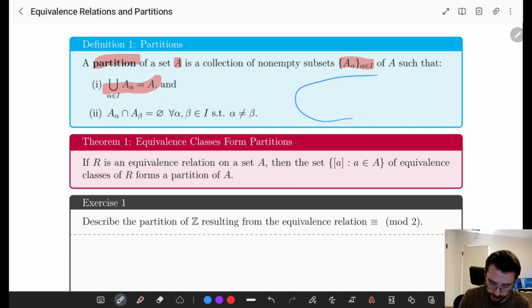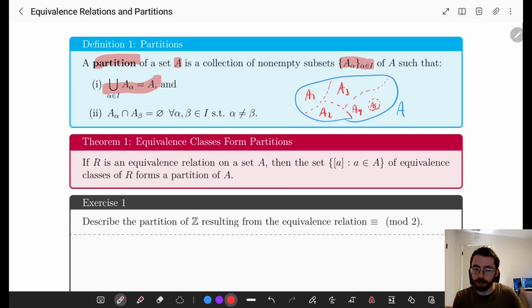Right, so you're imagining here's A, and maybe I've chunked it up into A1, A2, A3, A4, A5. Right? Then the union of all of those gives me A. So for it to be a partition, there can't be any chunk missing from the collection of subsets. It has to cover all of A.